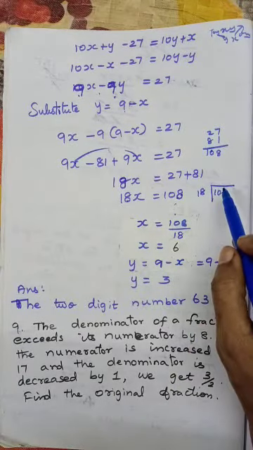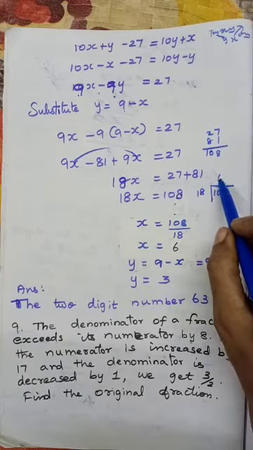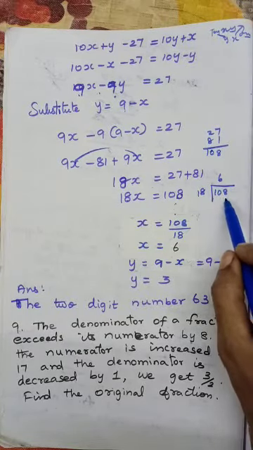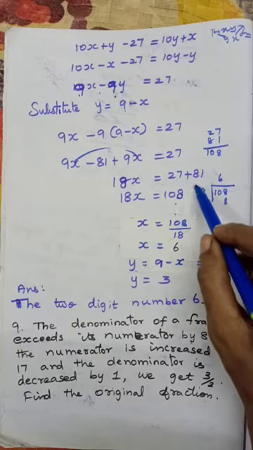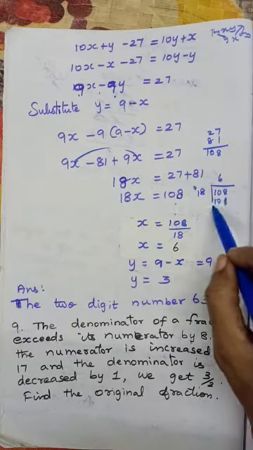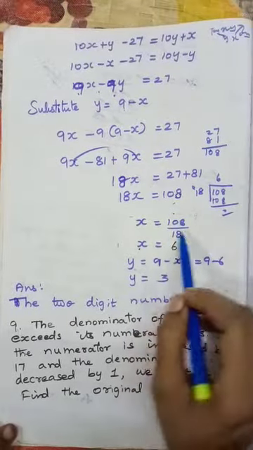See 18 ones are, 2s are, 3s are. You write and see. Then it is 6 times. 8 6s are 48, remainder 4. 1 6 is 6, 6 plus 4, 10. So x is equal to 6.